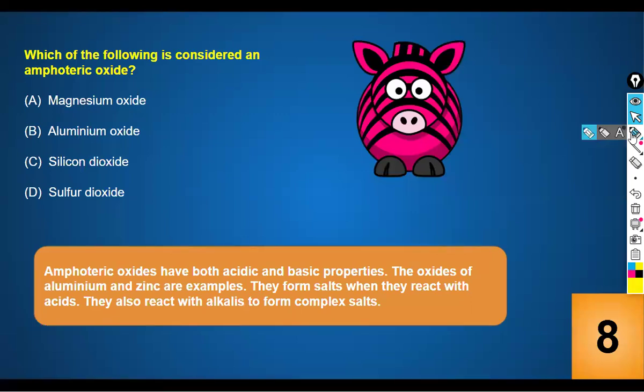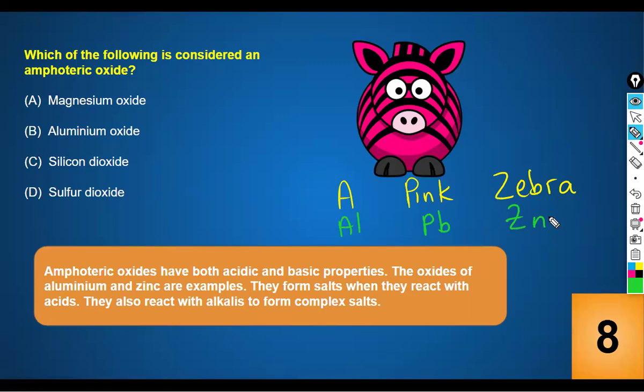A pink zebra. So the A stands for aluminum, Pink is lead, Pb, and zinc. So usually anything that has aluminum, lead, or zinc is called amphoteric. And remember, amphoteric can react with either an acid or a base.